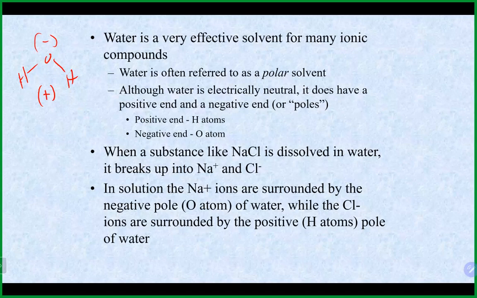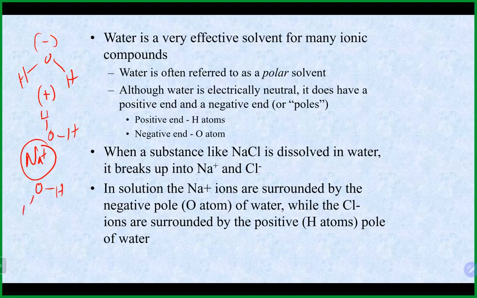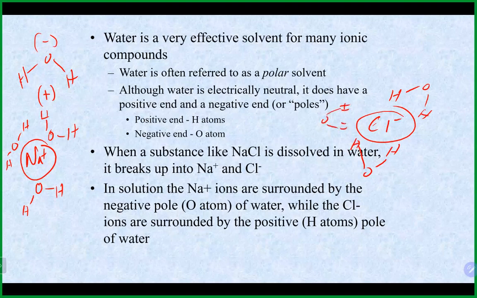So when we get something like the sodium chloride we were just talking about, basically what's going to happen is the negative side of water is going to surround the sodium ion, helping that sodium chloride dissolve in solution. And when we have our negatively charged ion, it is the positive side of water, which is the hydrogen, that will basically surround it and also help it to dissolve.